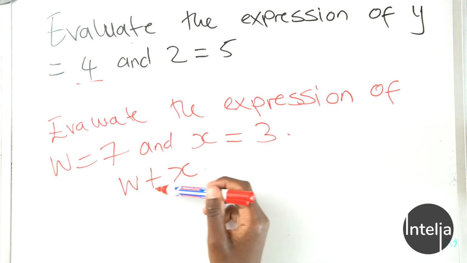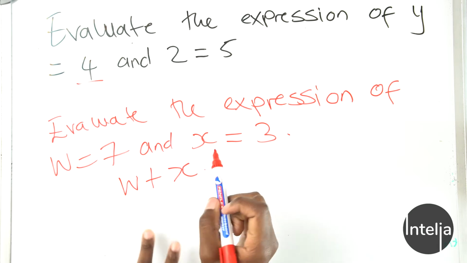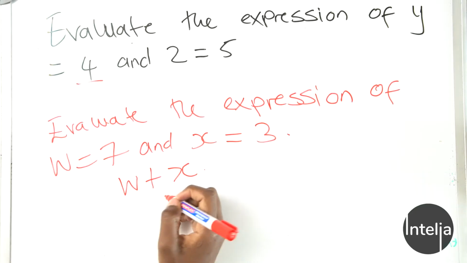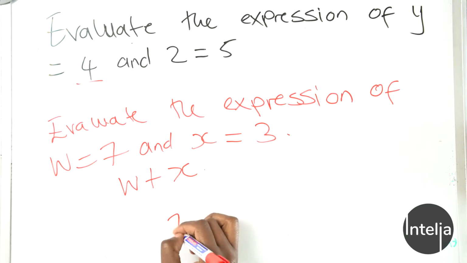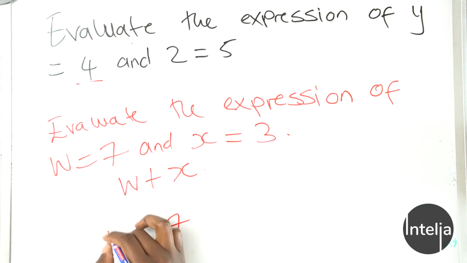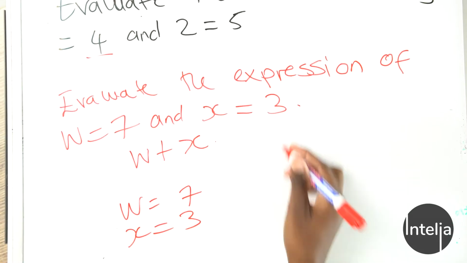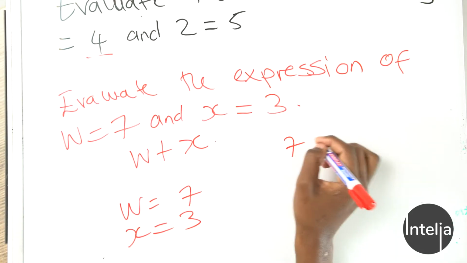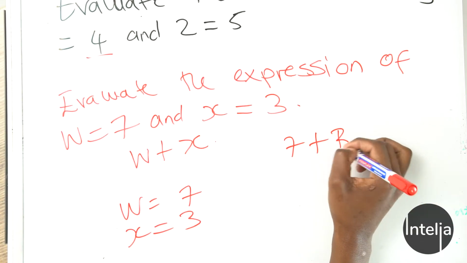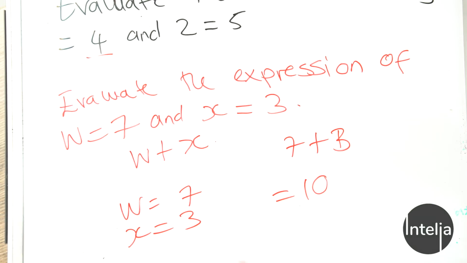So always find the keywords here, which is w plus x, or is it yx, or is it y minus x, or is it what? So here it's w plus x. So you say our w is equal to 7 and our x is equal to 3. So we say 7 plus 3 is equal to 10. So w plus x is equal to 7 plus 3, which is 10.